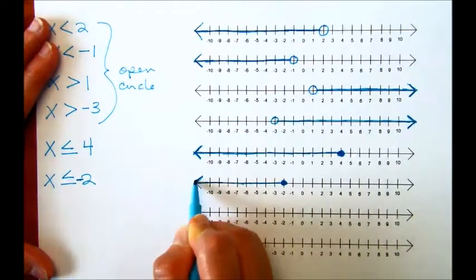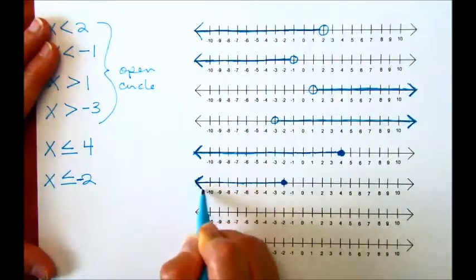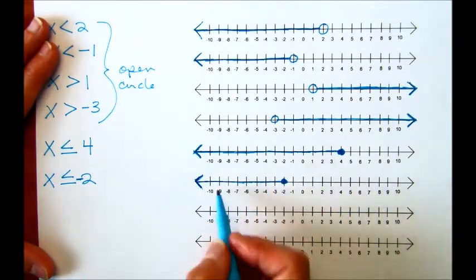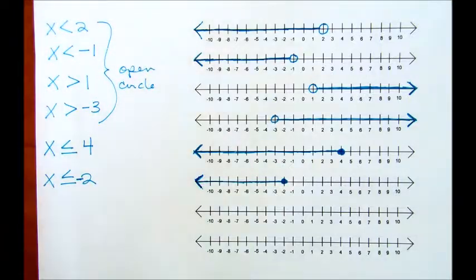All right. So these numbers are smaller. We're moving away from 0 in the negative. That makes them smaller.